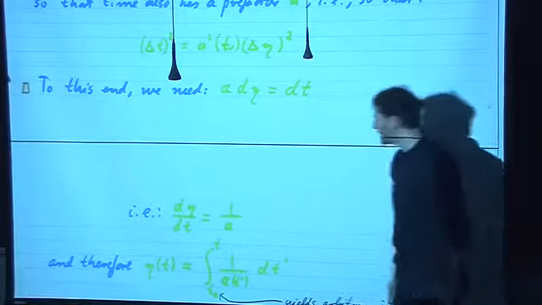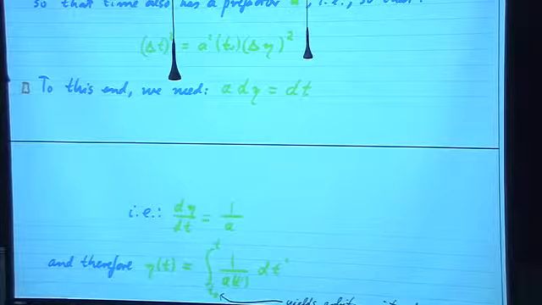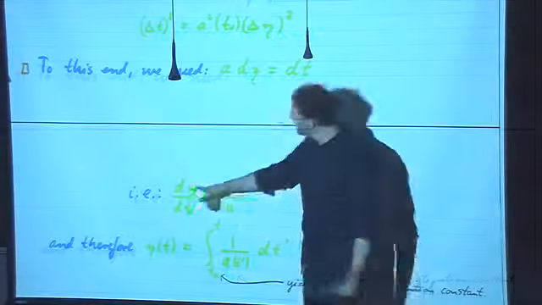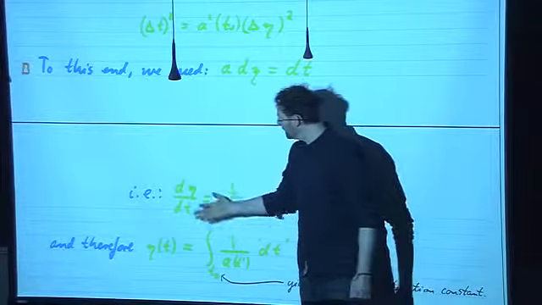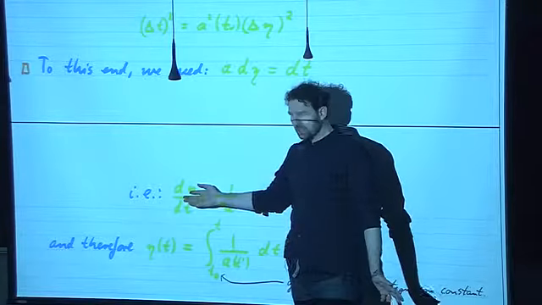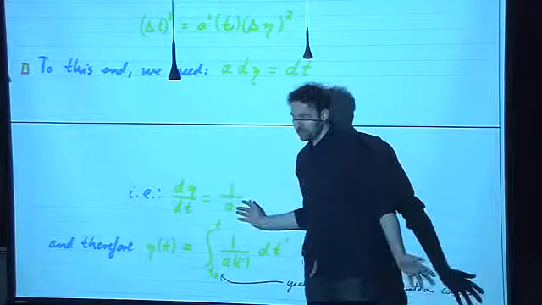It's just ultimately the integration constant. And of course, the new time variable eta will only be unique up to a constant. Because if you add to the new so-called conformal time a constant, then it will not change that derivative. That equation will still hold, right?